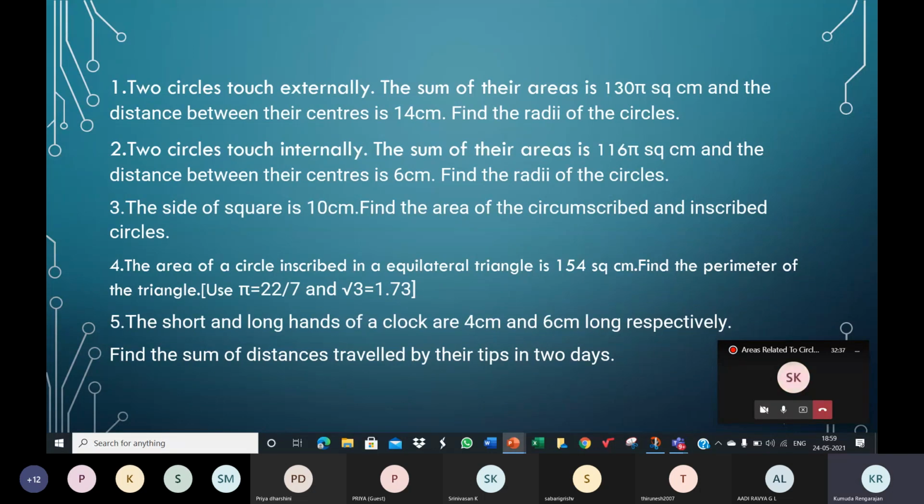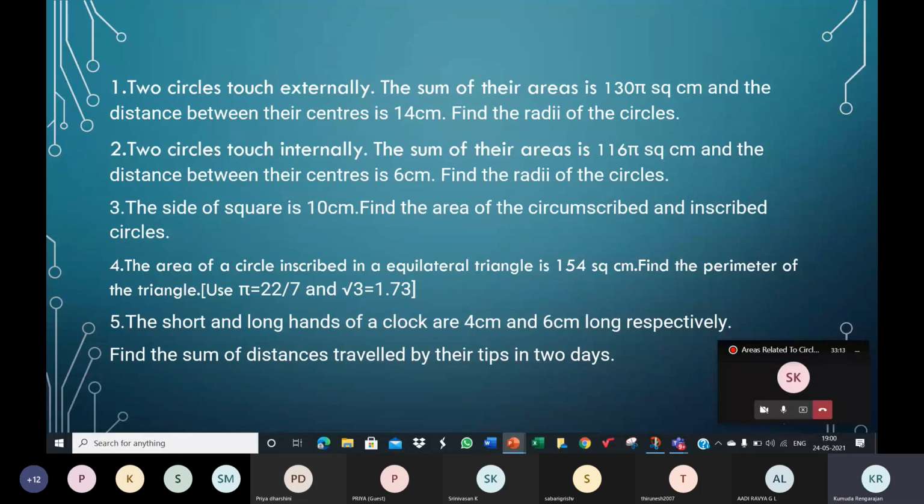Shivani has shared the picture. Yes, Shivani, your picture is correct, but make sure that the circles are of different sizes. Okay, ma'am. Yeah, one small, one big, because nothing is mentioned, no? Otherwise, there's nothing to work. If there are two congruent circles and the distance between their centers is 14 centimeters, then each radius will be 7 centimeters. There's nothing to work there. Yes, I want more pictures on WhatsApp.